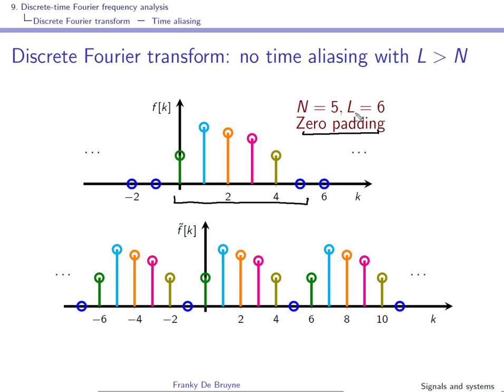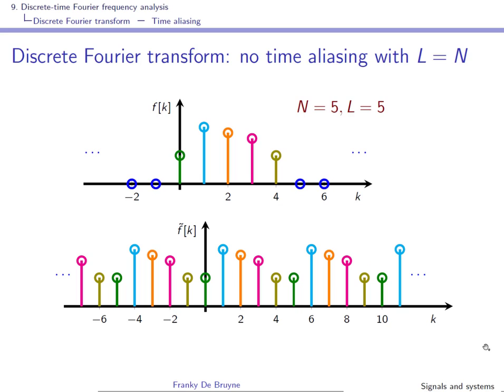So taking L larger than n corresponds to taking an equivalent sequence where you have the n data points and you have added L minus n zeros at the end, and again this is called zero padding.